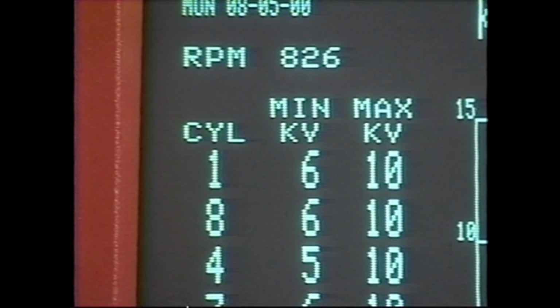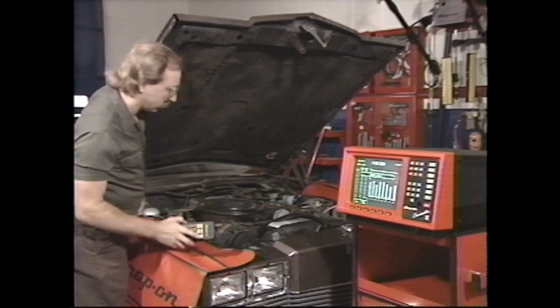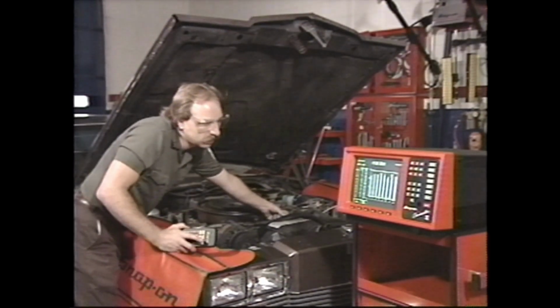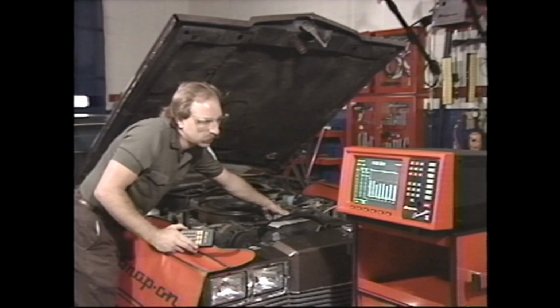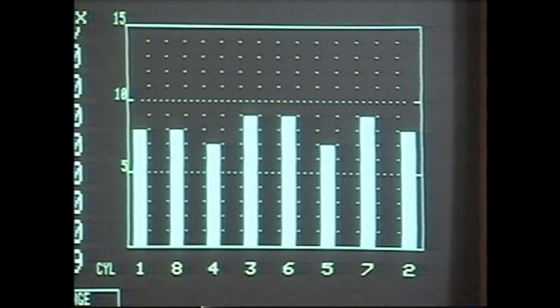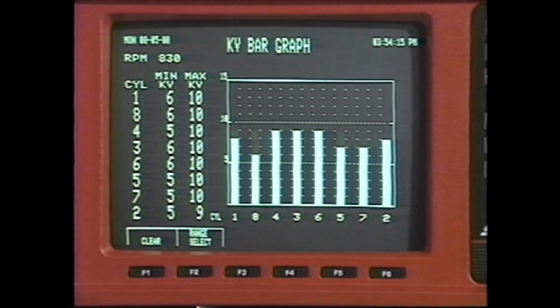RPM is also displayed, so you can note kV changes during a no-load kV test, a snap acceleration test, and an underload kV test. The normal firing voltage requirement varies from system to system. The Counselor 2 User's Manual will help you determine what's appropriate for the system you're testing.